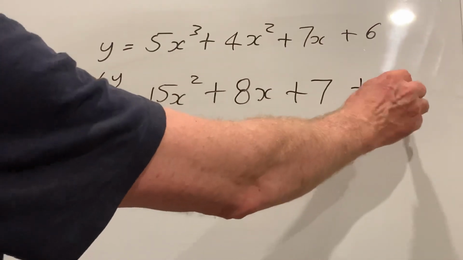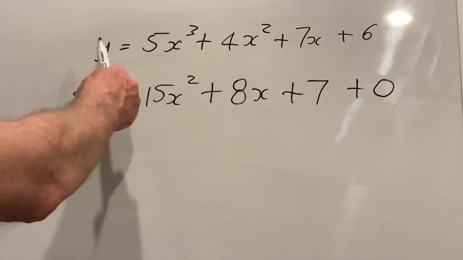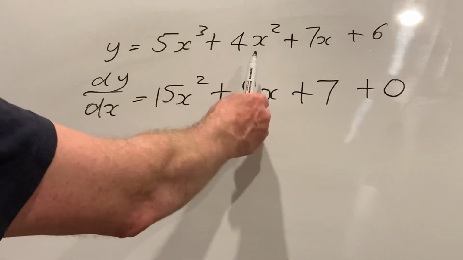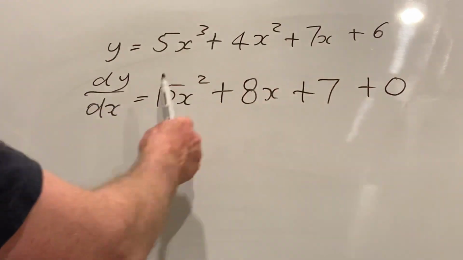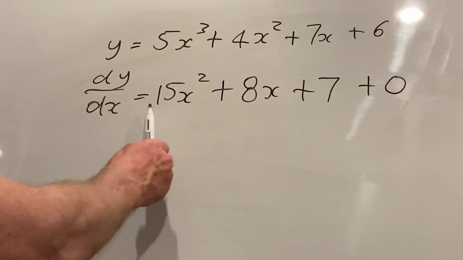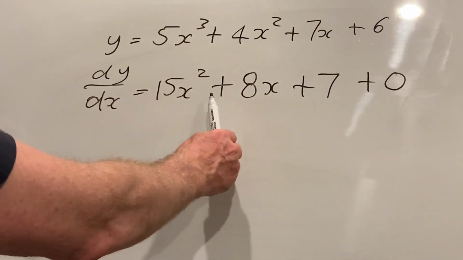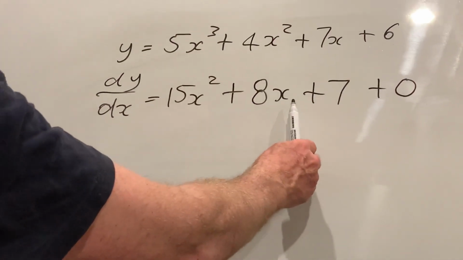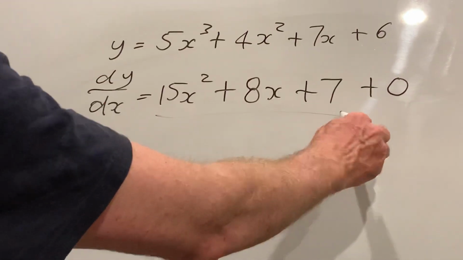You can say plus 0 if you like. So the differential of 5x cubed plus 4x squared plus 7x plus 6 equals 15x squared plus 8x plus 7. That's the answer.